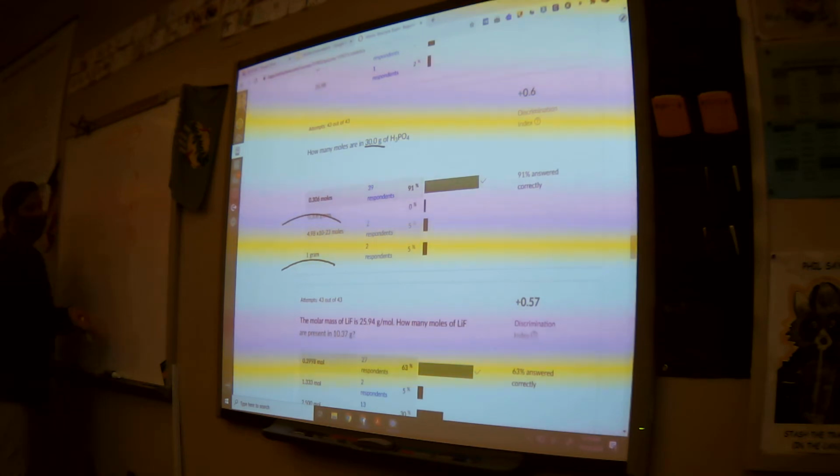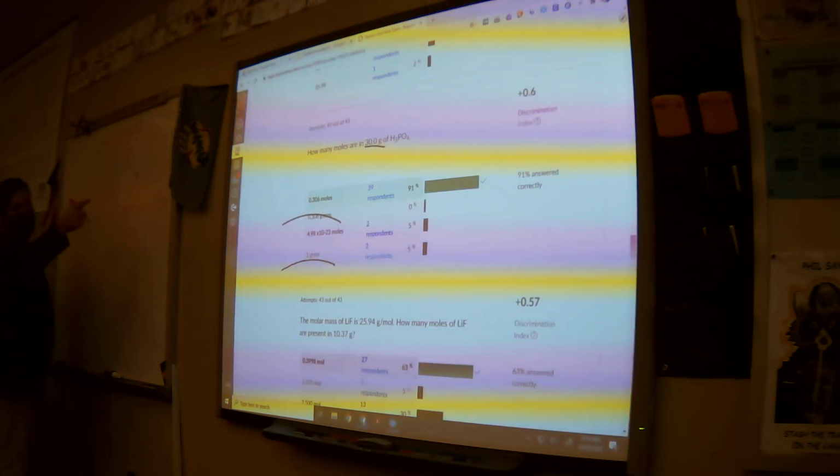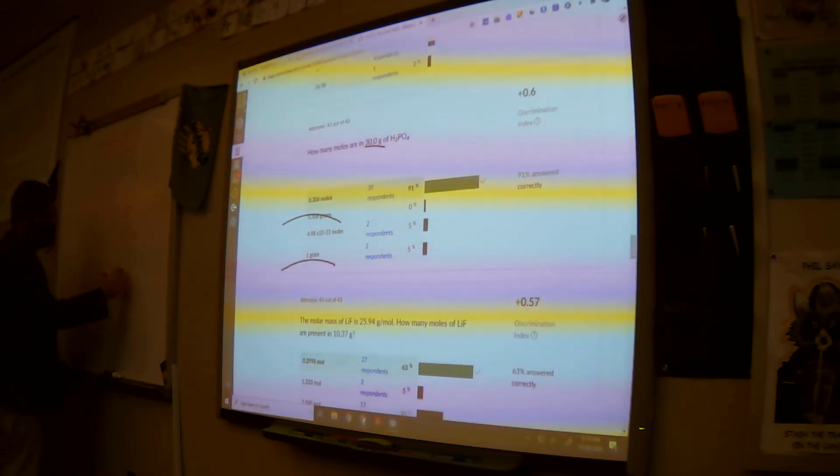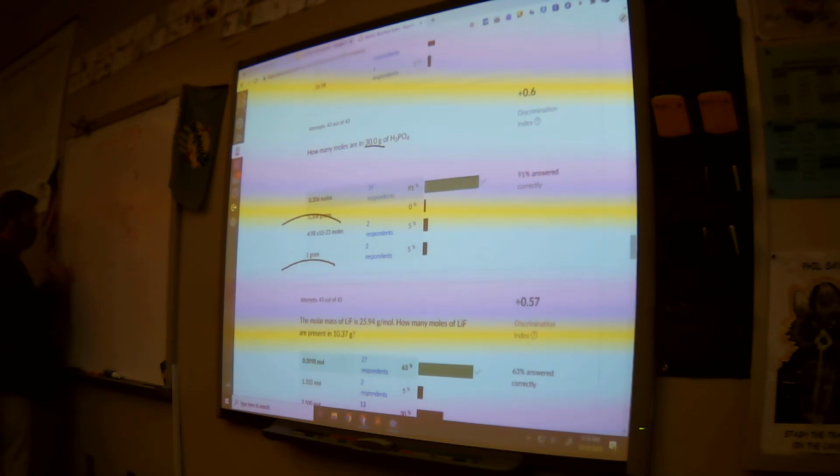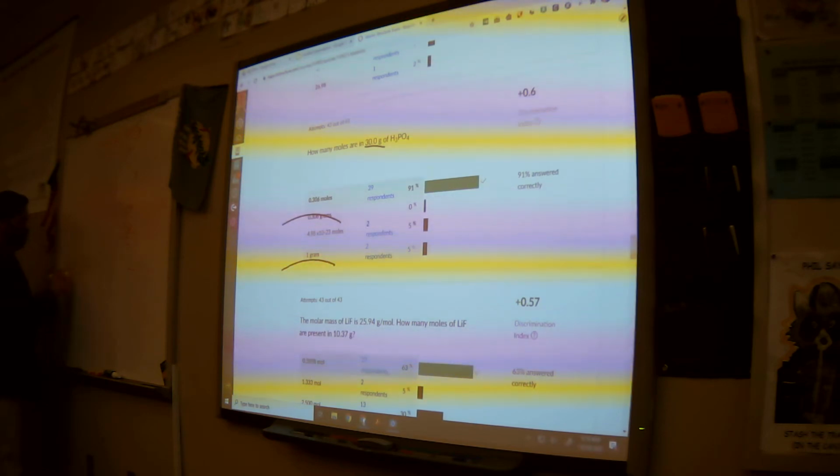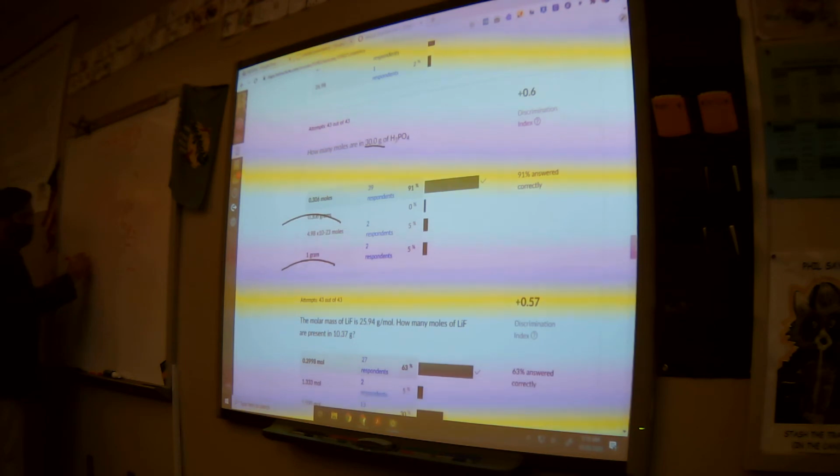Right? What are we looking for? In the question? No, what are we looking for? We're looking for moles, so that means that mole needs to be on top. We got to get rid of grams. The only other grams is in the question, at 30.